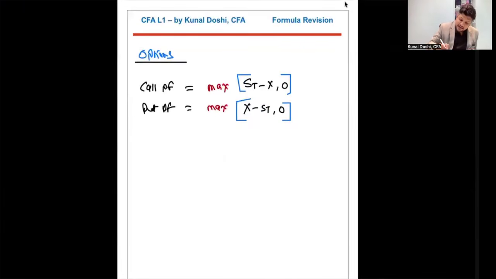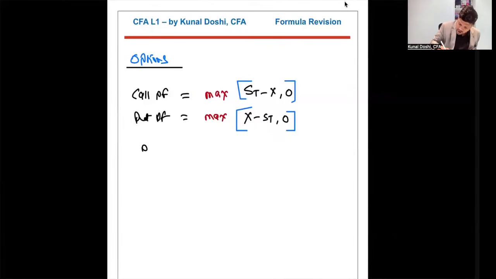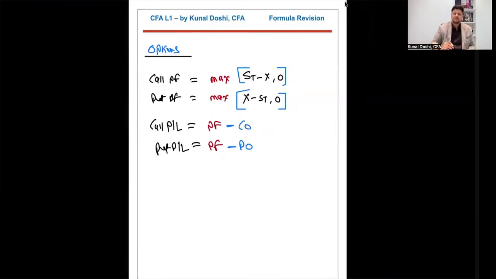But guys, if I say profit and loss, or gain and loss, for call and put, remember profit and loss for call and put is nothing but the payoff minus the premium, which is the call premium or put premium. All of this that I calculated is for which position, long or short?